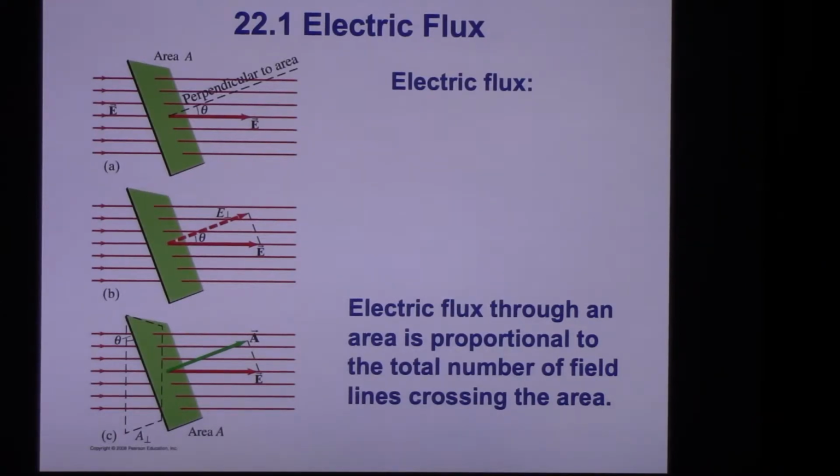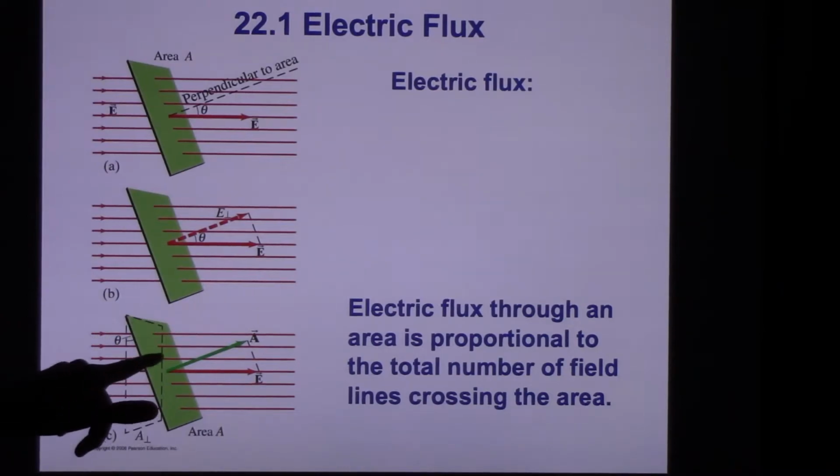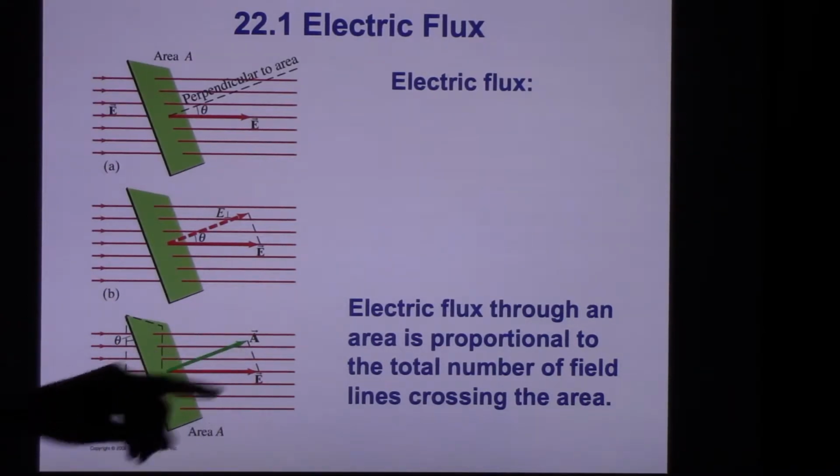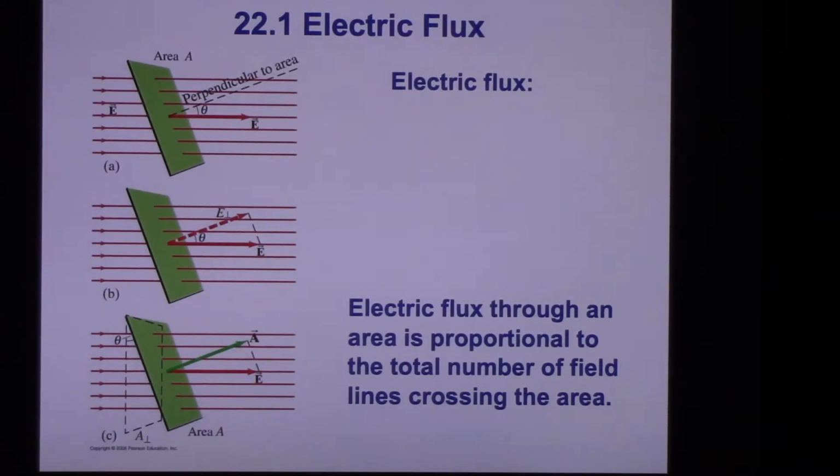Now, if you remember from your calculus classes, or possibly from your physics classes, we can define an area vector. And an area vector actually is perpendicular to the surface. It's kind of interesting that an area can be considered to be a vector quantity. When you think about it, how would you define a direction for something that's an area?